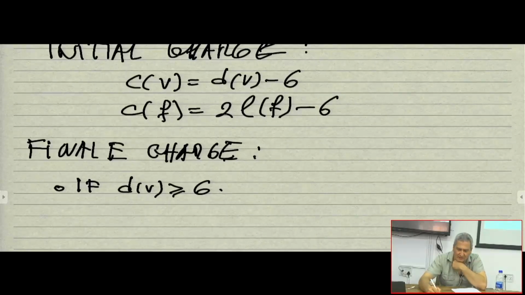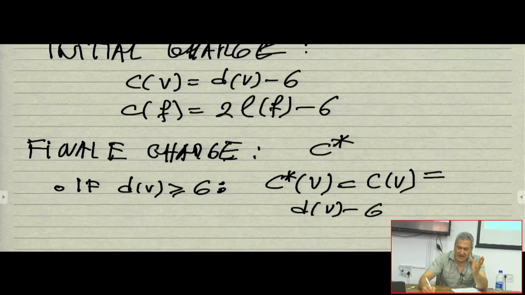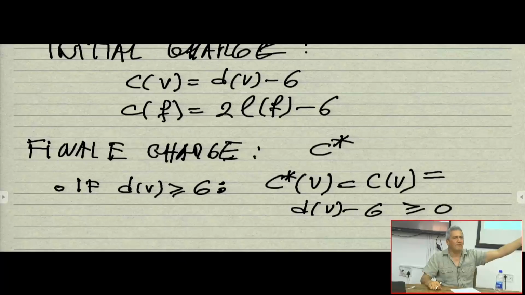Final charge I will denote by C. In that case, the final charge of a 6 vertex, 7 vertex, they don't change. The final charge will be the same as the initial charge, dV minus 6, and it will be bigger or equal to 0. Okay? 6, 7, 8, 9, 10, and so on vertices have non-negative charge. 1, 2, 3, 4 vertices we don't have. Okay.